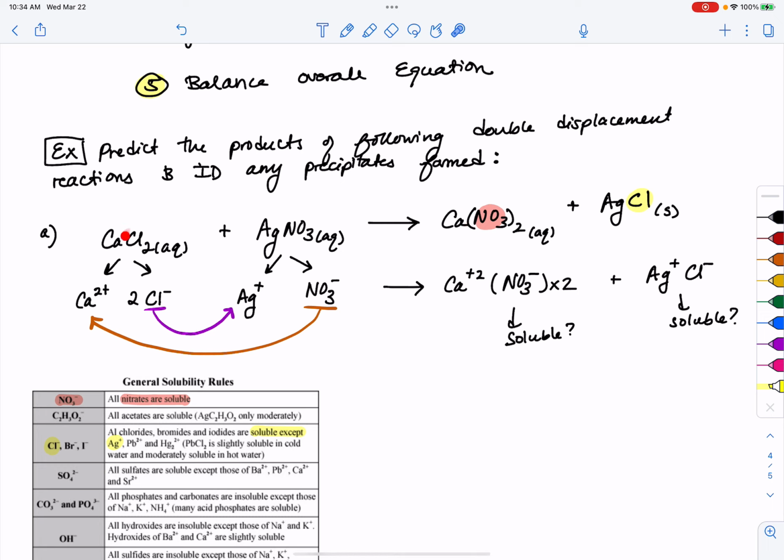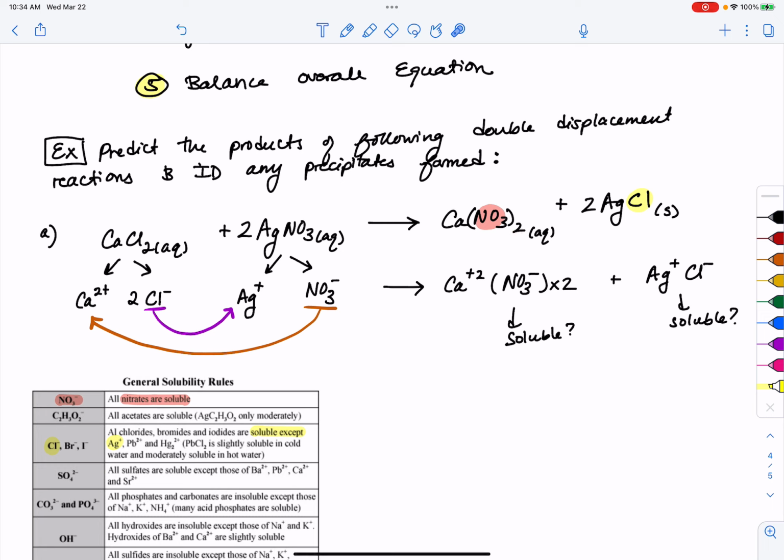But then on the reactant side, I have 2 chlorines, and on the product side, only 1. So I need to double the amount of silver chloride that is made. In doing so, I've doubled not only the chloride, but also the silver. So I need to double the amount of silver on my reactant side. And in doing so, I have also thus doubled my nitrate. And if we look on my product side, I have 2 nitrates.